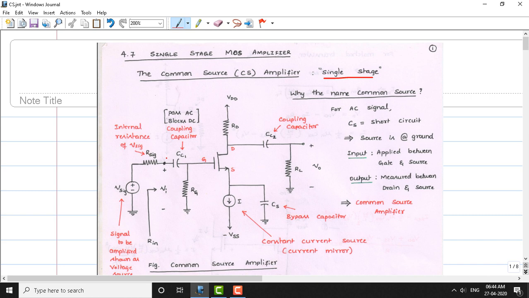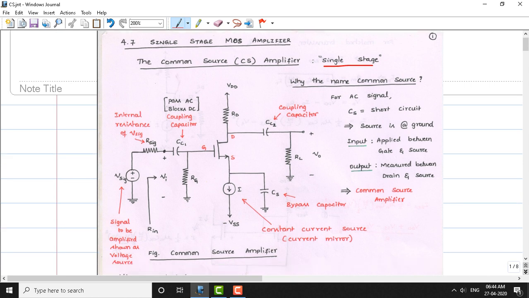This amplifier has been built by using various elements: resistances, capacitances, current sources, etc. In this discrete version, we apply a signal that needs amplification at the input of the transistor, and the resistance of this signal source V signal is labeled as R signal. This is nothing but the signal resistance, which is the internal resistance of the AC source or signal that needs amplification.